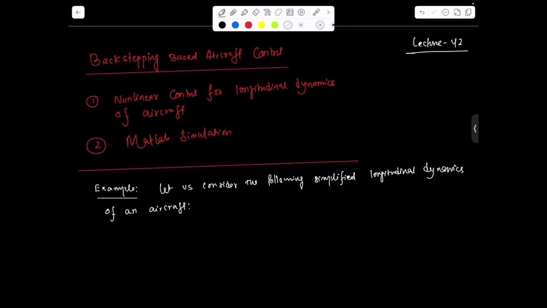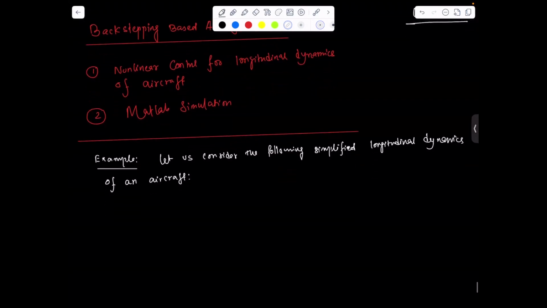The equation of motion we are considering is alpha dot equals q minus L by mV plus g by V cos theta. This is the simplified model we are considering.